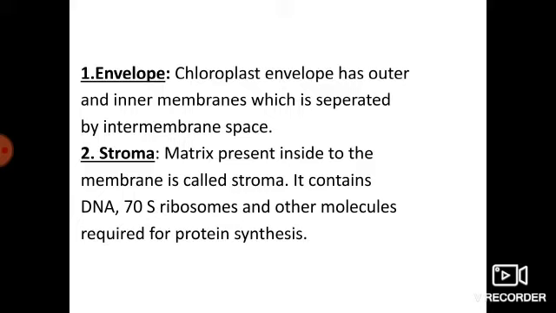Matrix present inside the membrane is called stroma. In this stroma we can see many enzymes which are responsible for the dark reaction of photosynthesis. It contains DNA also and 70S ribosomes and other molecules required for protein synthesis.